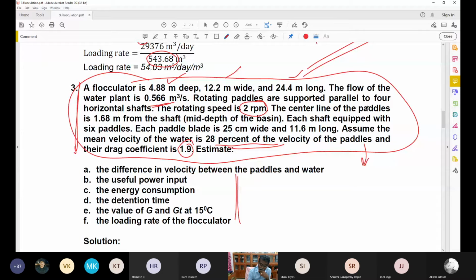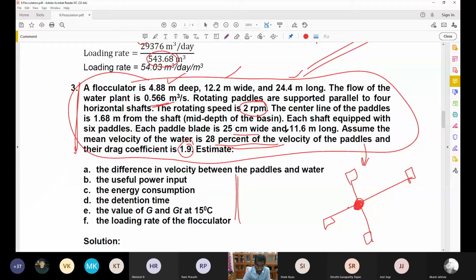This is what we discussed in the last class. These paddles may be designed and mechanically fabricated with particular dimensions, brought to the treatment plant, and placed inside the tank to provide mixing.